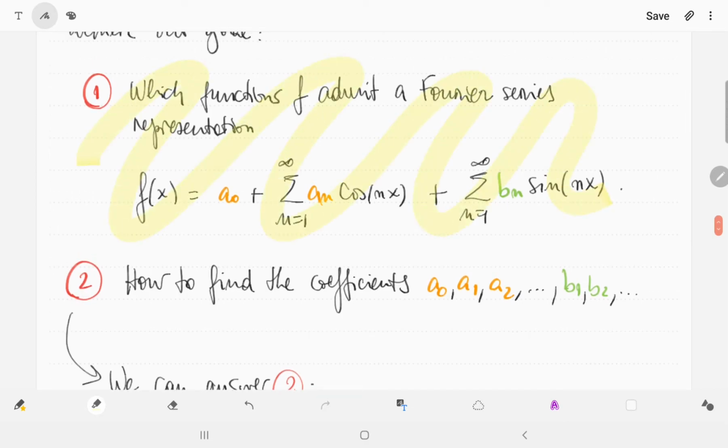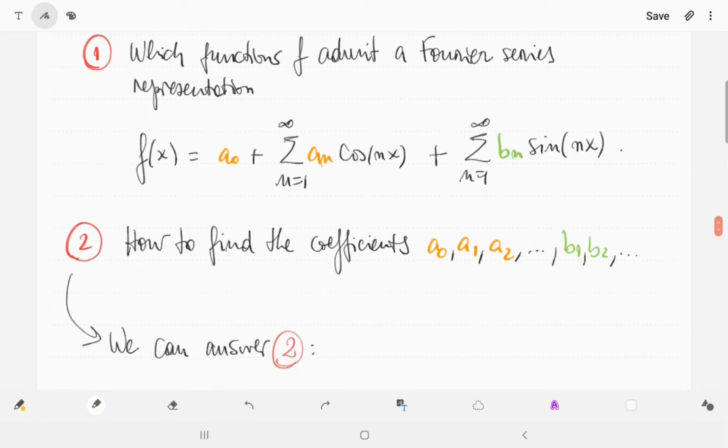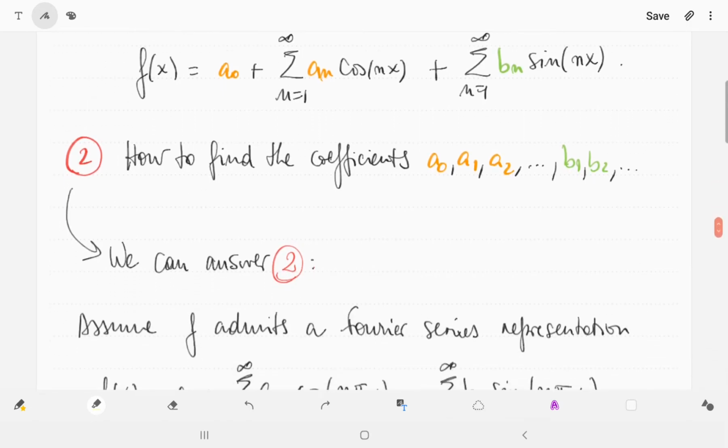This will be a goal for the next lecture. So now we are going to focus on how to find these coefficients, and this is quite simple once we have these orthogonality relations that we already saw.